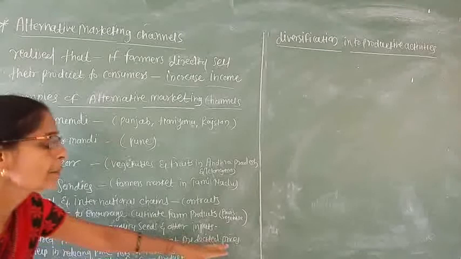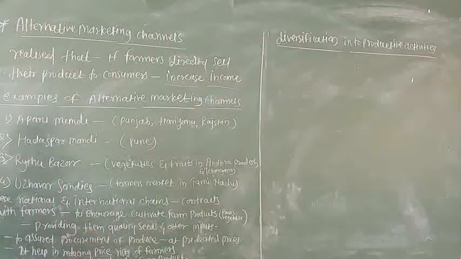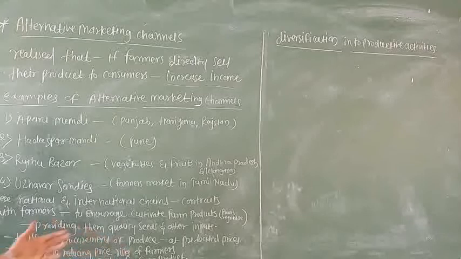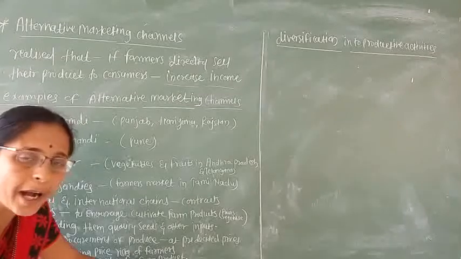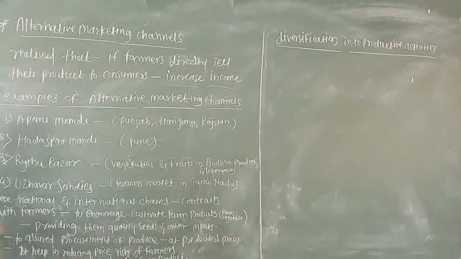How? At pre-decided prices. So it helps in reducing the price risk of the farmers, and the channels also help to expand the market for the farm products, means the fruits, vegetables, food grains, etc.